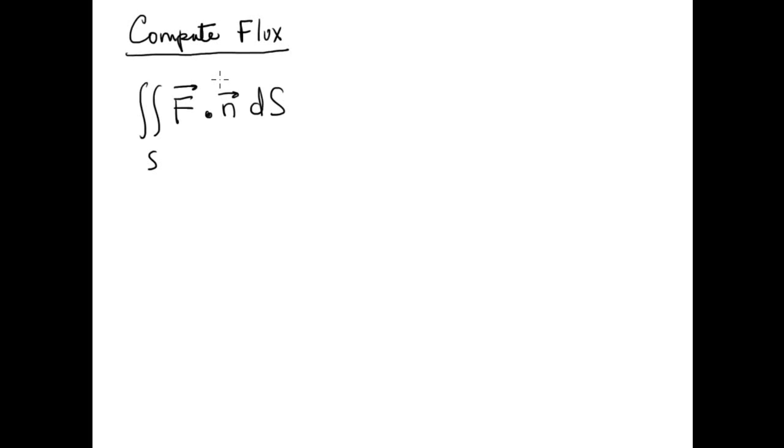Okay, let's see one formula to compute the flux. When you are doing, for example, the graph parameterization, immediately you convert this surface integral into a double integral. The vector field you suppose is PQR.